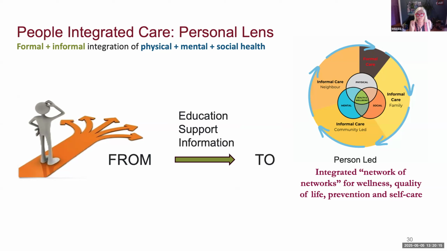It's the idea of combining the person's own goals for health and well-being, looking at that specifically from physical, mental, and social health lenses, and then looking at resources or opportunities within informal care systems, specifically neighborhood level care, community led activities, resources or supports, and what's available within families, combined with formal healthcare or social welfare services or other formal care services that the person might need.